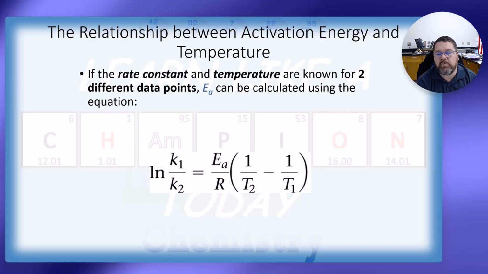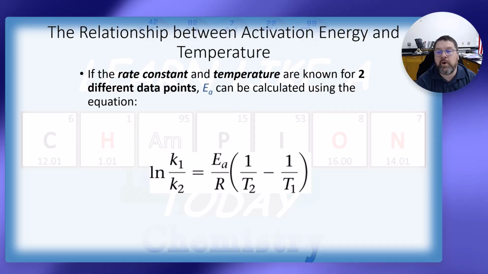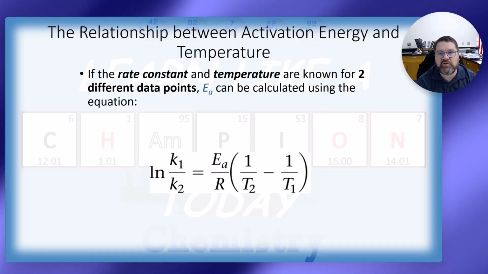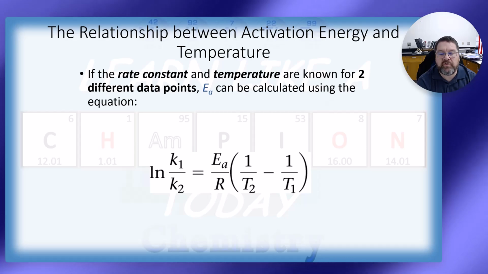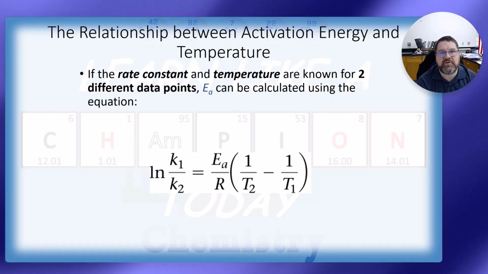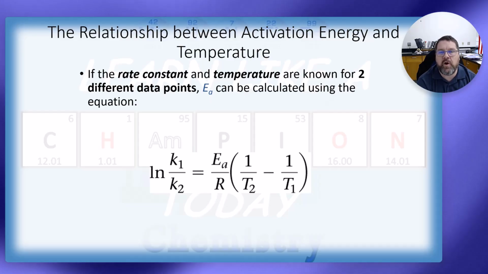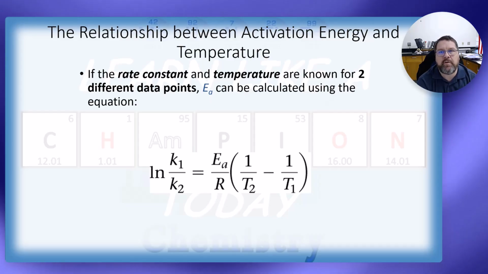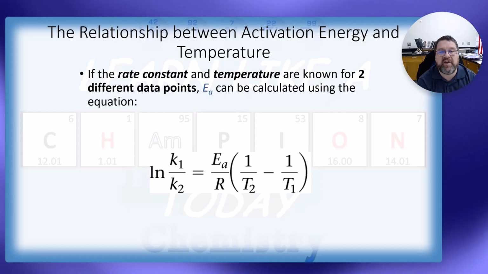The temperature portion there, just make sure that you evaluate inside the parentheses first with those inverse Kelvin temperatures. And again, rearrange to isolate and solve for E sub A, and you can get the activation energy value calculated from that. So whether it's graphically or from a table of data, there are ways that you can determine what the height of that energy hill that we looked at on the reaction profile diagrams would be.